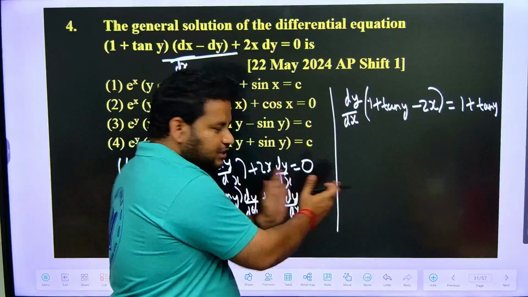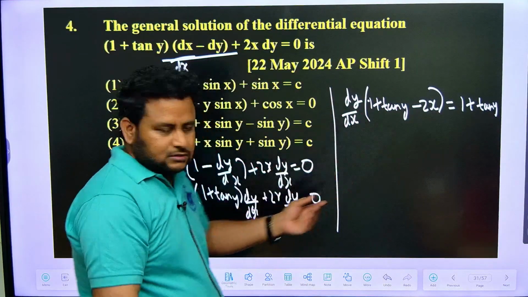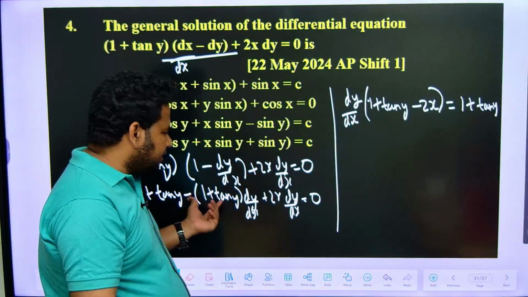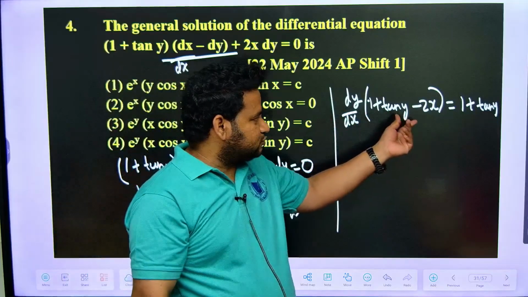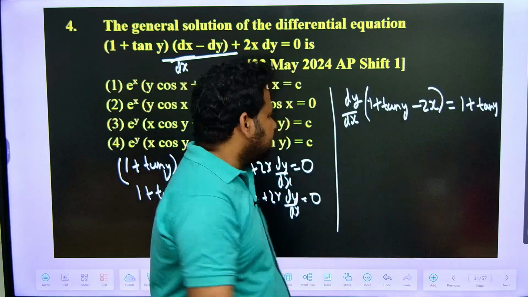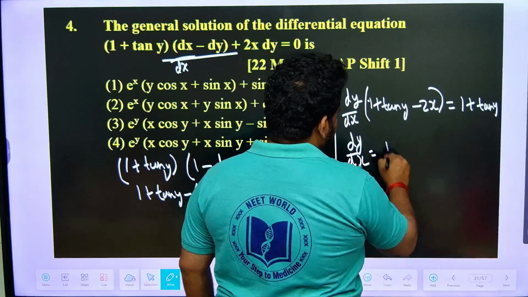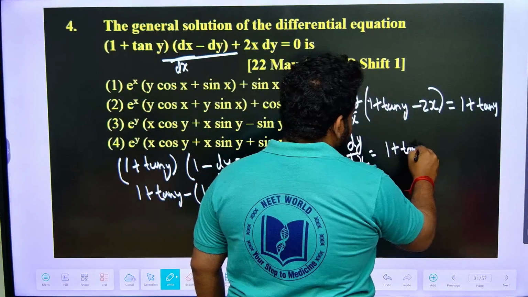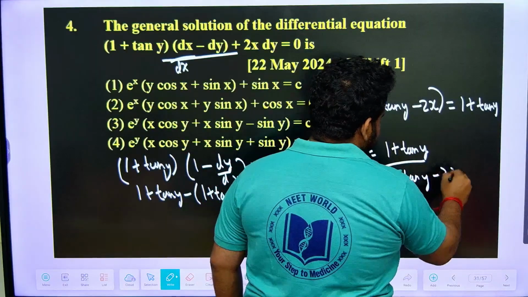If I take everything to the RHS, minus 1 plus tan y will become what? Plus 2x will become minus. So that is what I wrote: dy by dx times 1 plus tan y minus 2x is equal to 1 plus tan y. Now dy by dx is equal to 1 plus tan y by 1 plus tan y minus 2x.